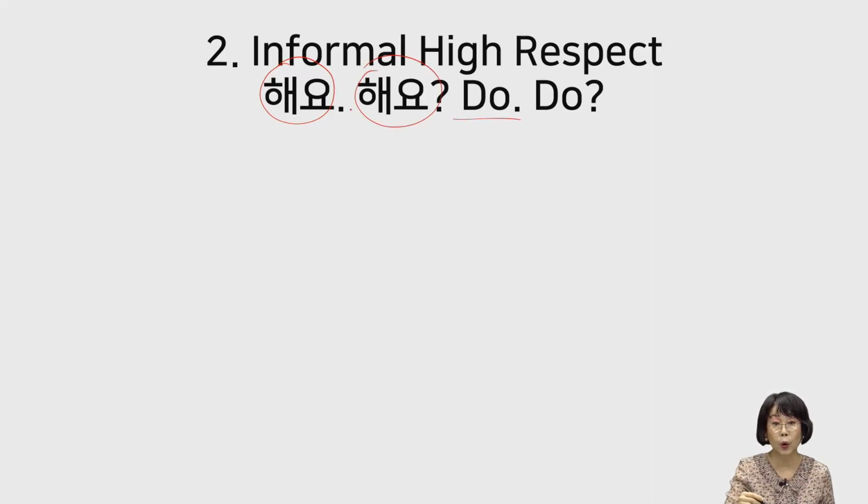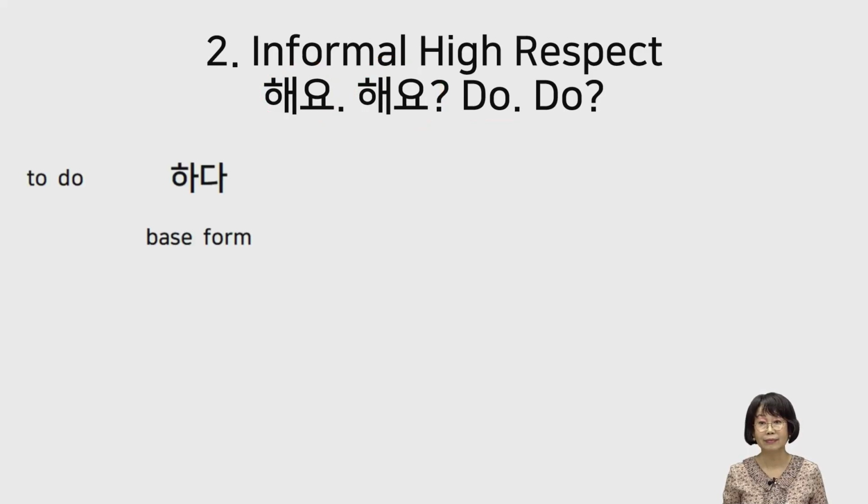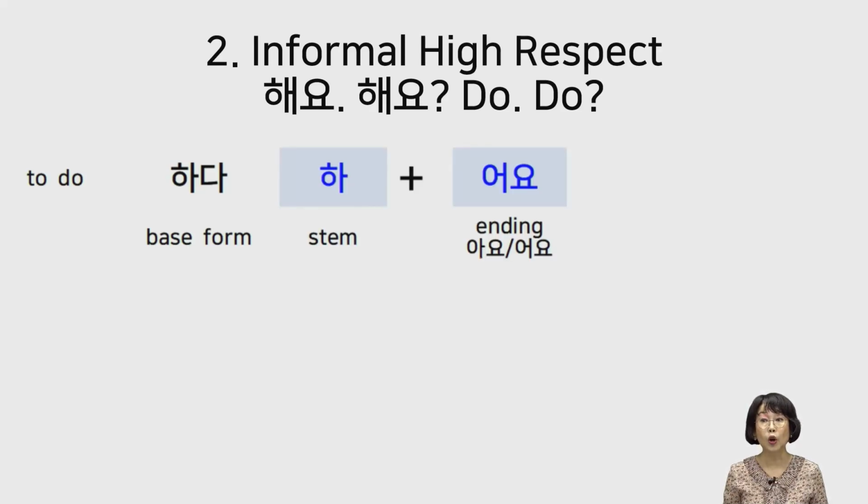To do, 하다, base form. 하, stem. 어요, informal high respect ending. 해요. It means do or I do.